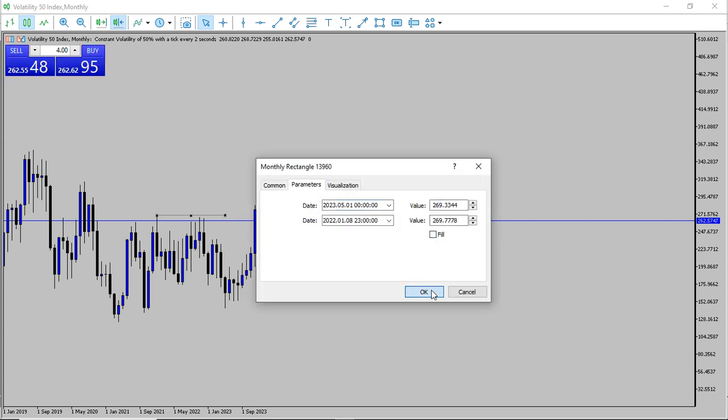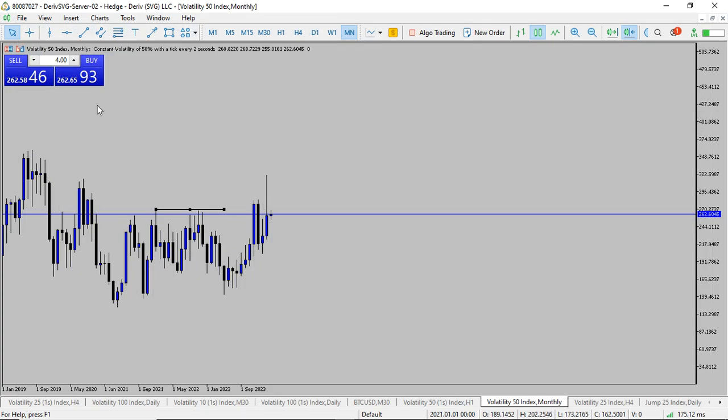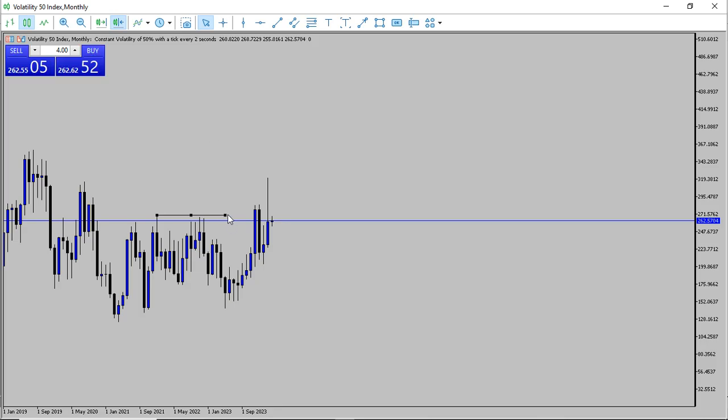Also, this is a live account right here. Okay. So we have this liquidity pool right here, and I'll copy that. Then we also do have this liquidity pool right here. This is an area of support level, right?